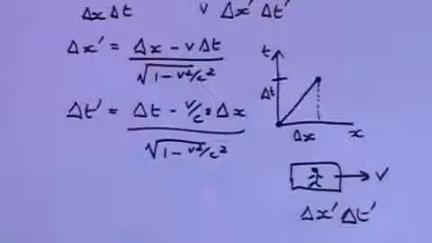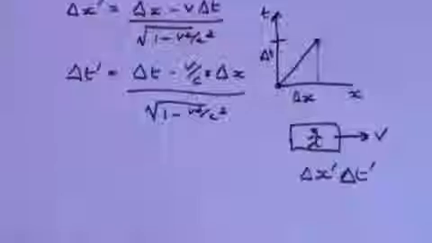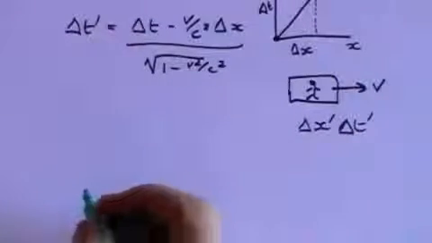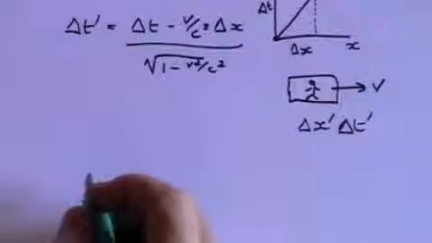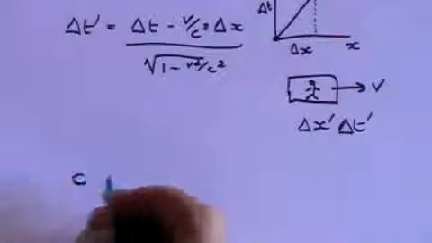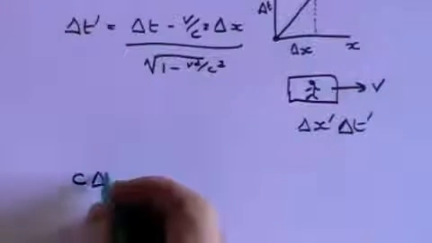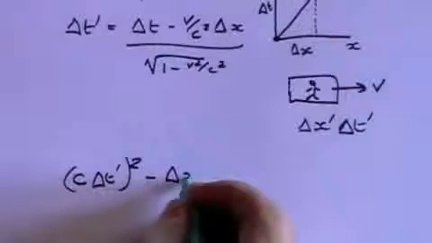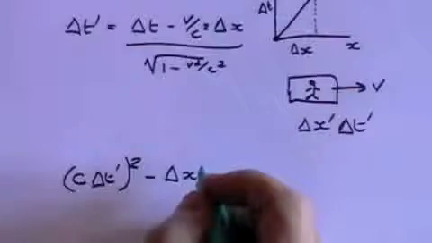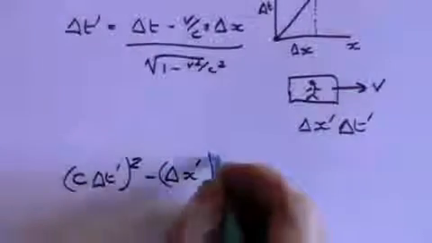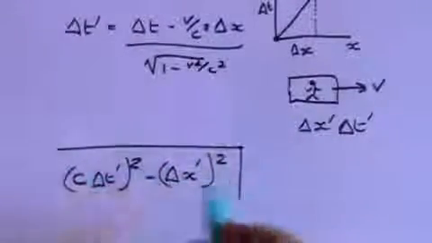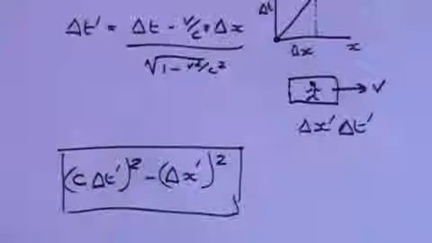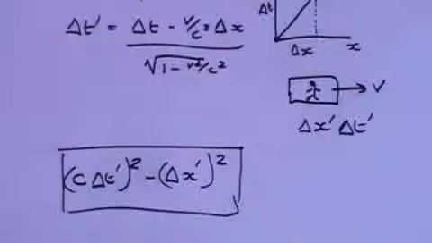Now, I want to consider if there's something special, and of course there is, otherwise I wouldn't be considering it: c delta t prime, all squared, minus delta x prime squared. I want to look at that as a term and see if there's anything clever about it.